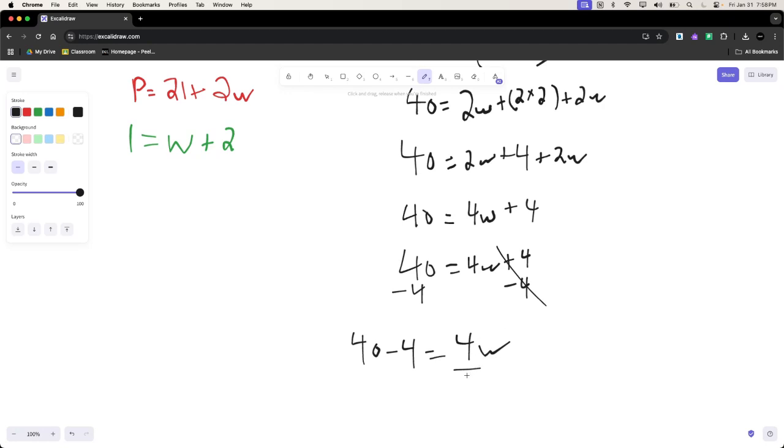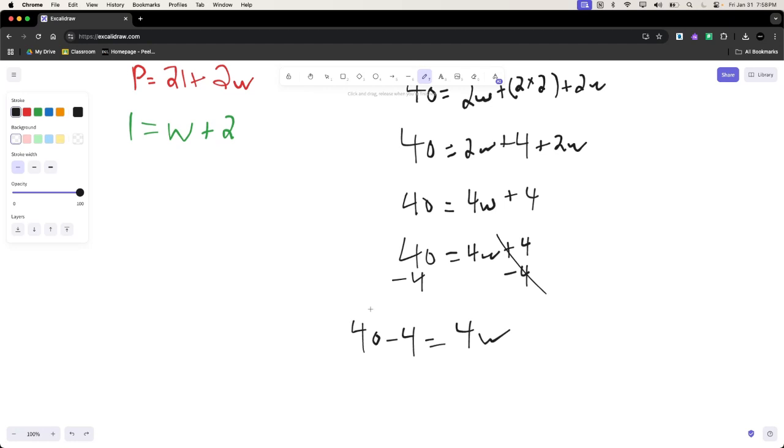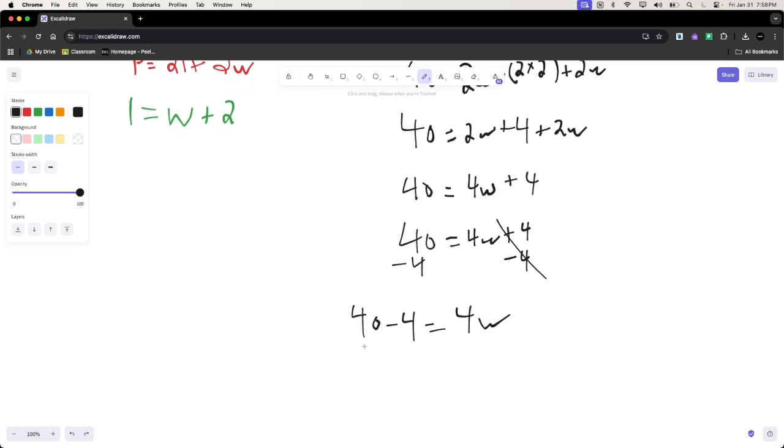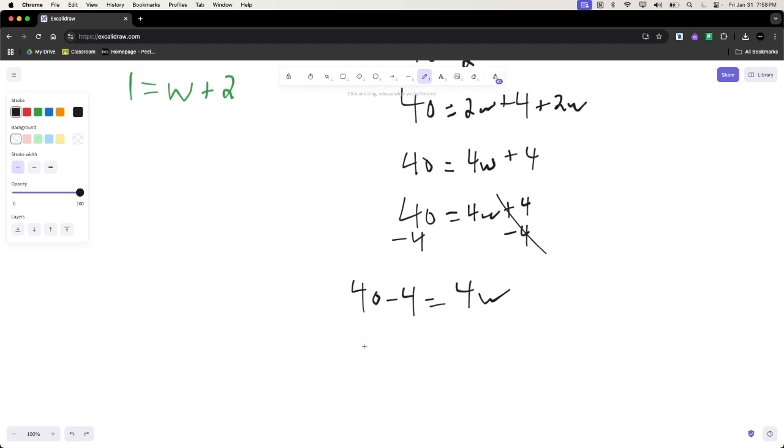So we'll divide this by 4, and we can divide this by 4 too. But actually, now that I'm realizing it, we should simplify this part of the equation first, which makes it a little easier. So that is going to be 40 minus 4, which is 36. So let's add 36 here, which equals 4W.